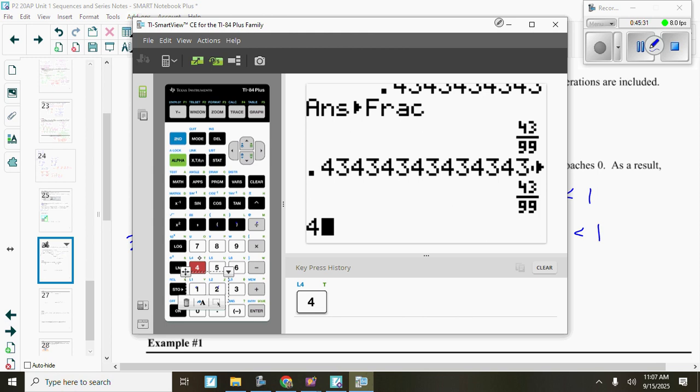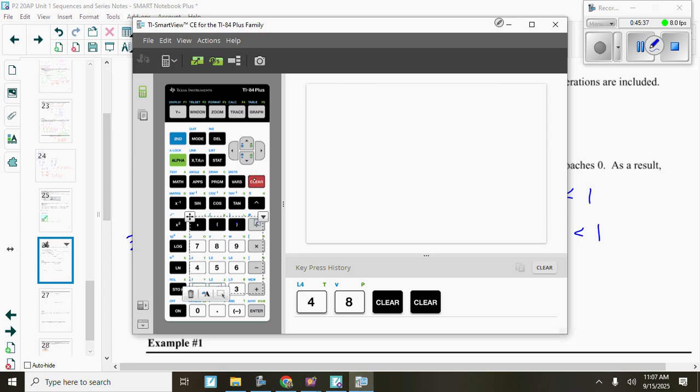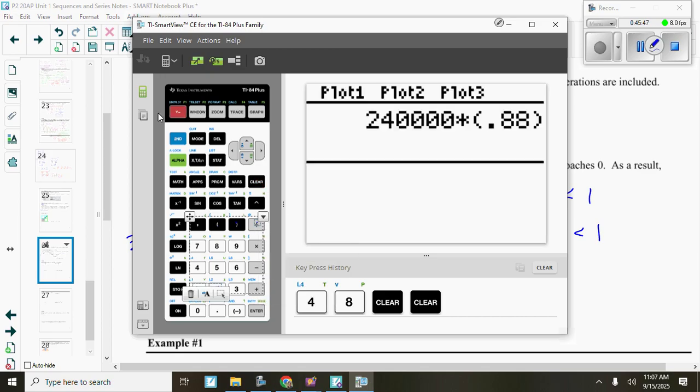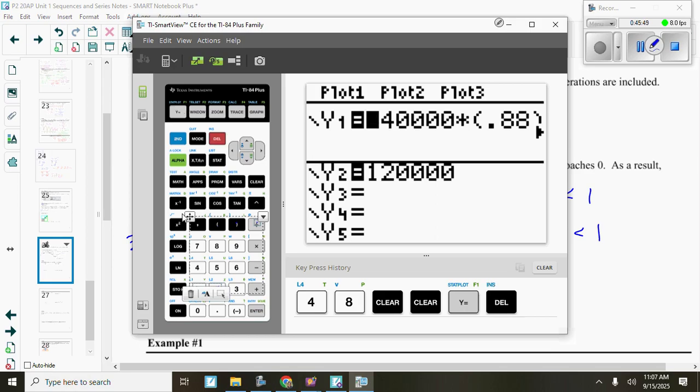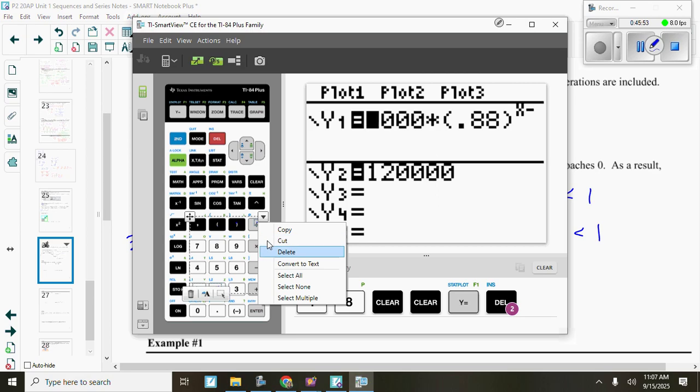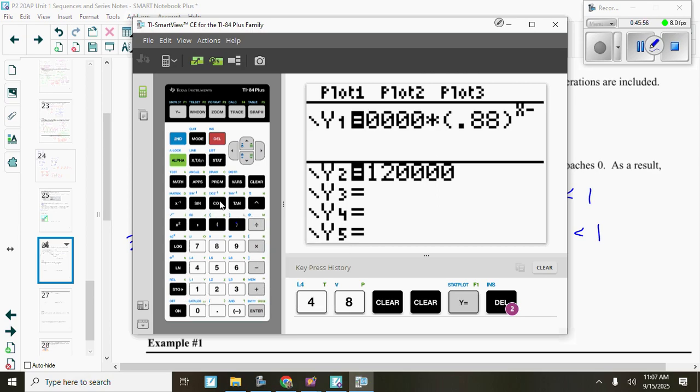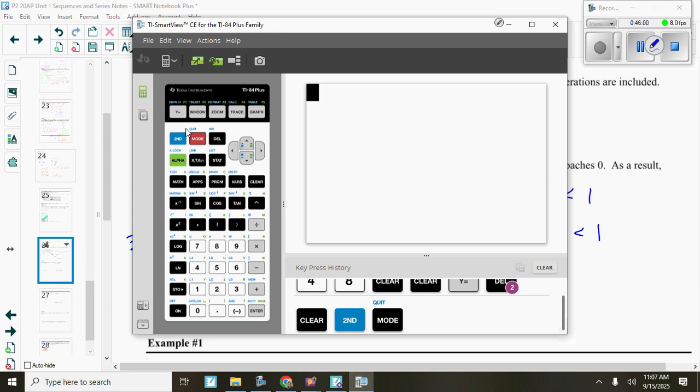I don't know what's going on with this thing. Just give me my normal thing. There, we cleared it off. We don't even want to be in there. Back to my example.